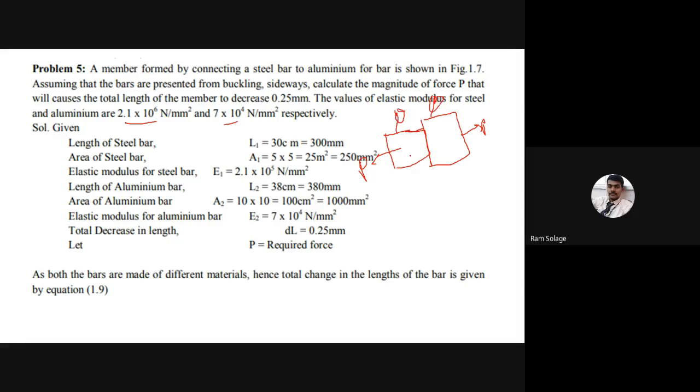The area A1 is 250 and A2 is 1000 mm square. Draw the diagram along with me. Section 1, section 2, A1, A2. Length L1 is 300 mm and L2 is 380 mm. Correct? Okay.